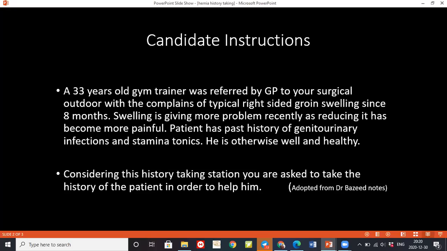What more you could have? These few questions with regard to this history you could have added, and since it was becoming more painful, signs of obstruction were there, so you could have asked if you ever felt nauseous or have ever thrown up. Maybe, yeah, I did ask about fitness.